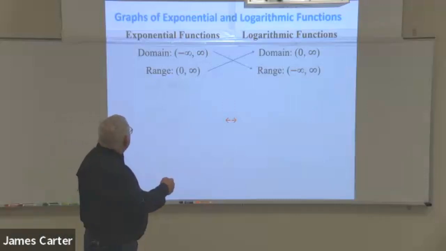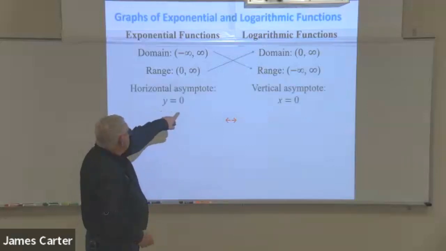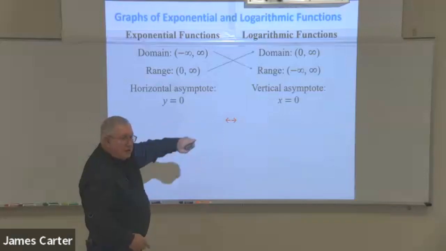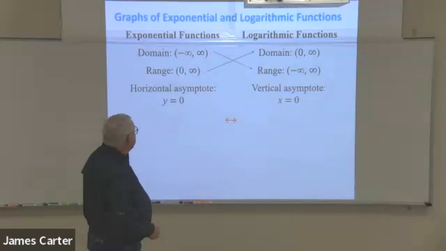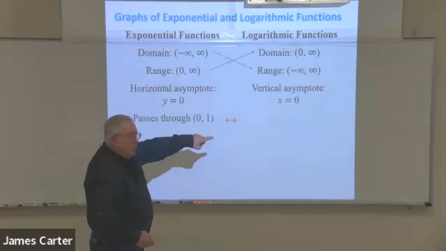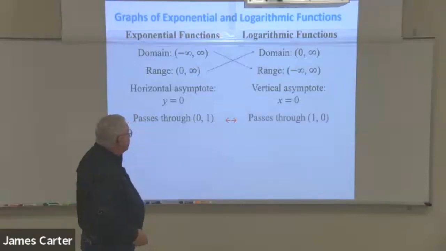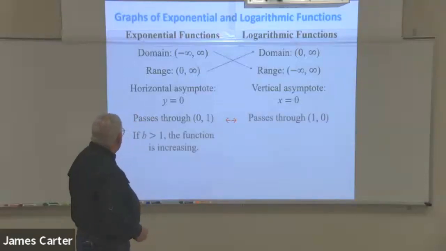When you compare exponential and logarithmic, the domain and the ranges will switch. If you have a horizontal asymptote, it will become a vertical asymptote for the inverse or the logarithmic. This one will always pass through 1, 0, 0, 1 unless there's a modifier. So that one will always pass through 1, 0.